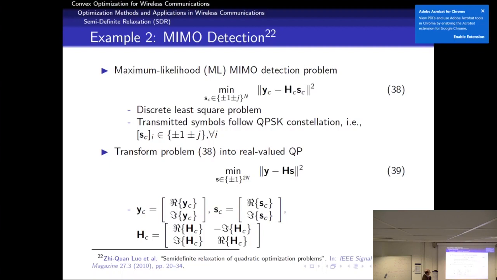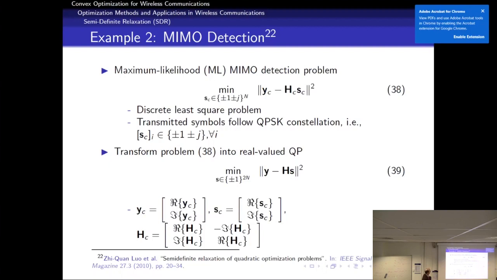I'm constrained because the entries of S_C are QPSK entries. So this is maximum likelihood. When you do that, typically you have to go over all those combinations of entries and find the one that minimizes this quantity. And as we said, the computational complexity is exponential.